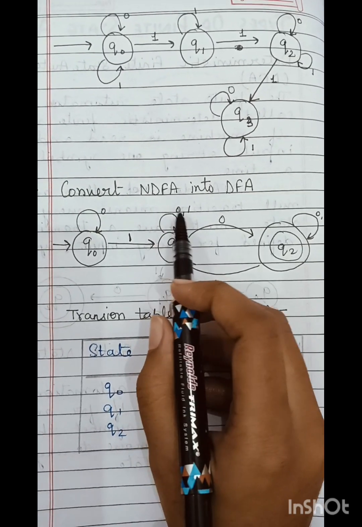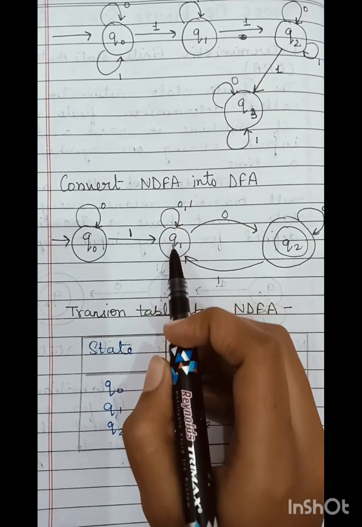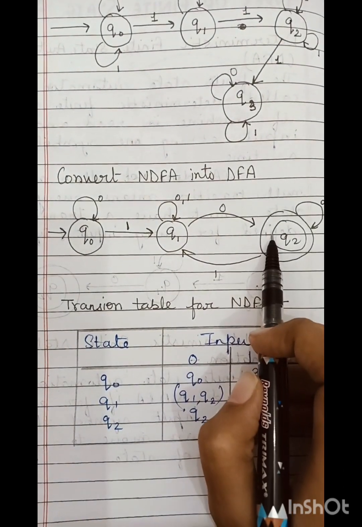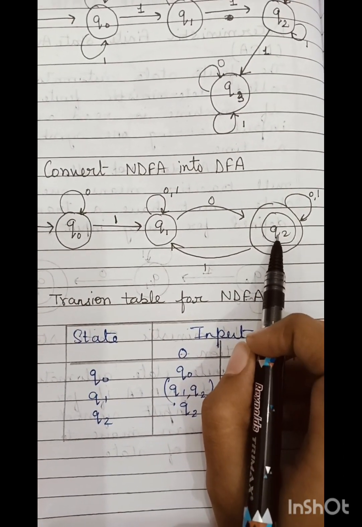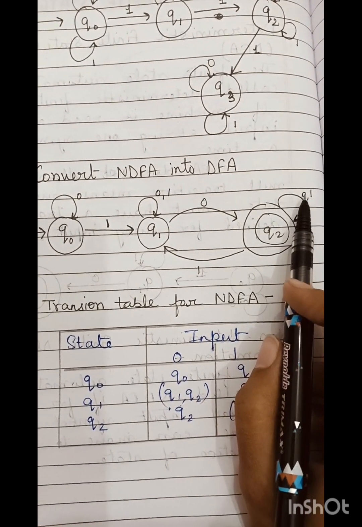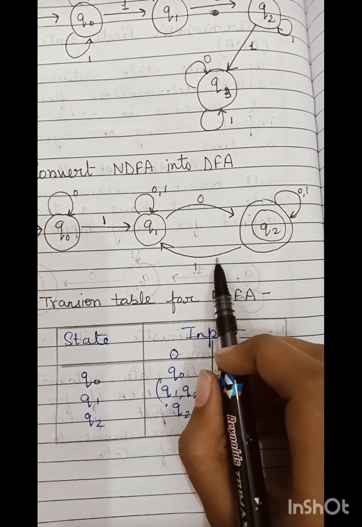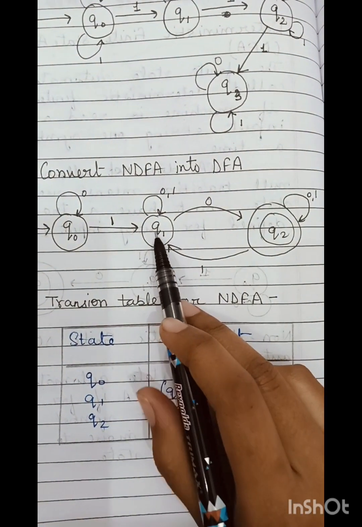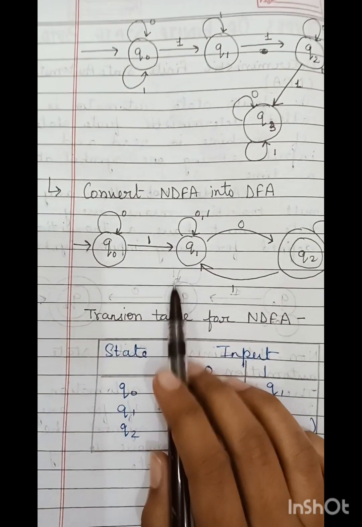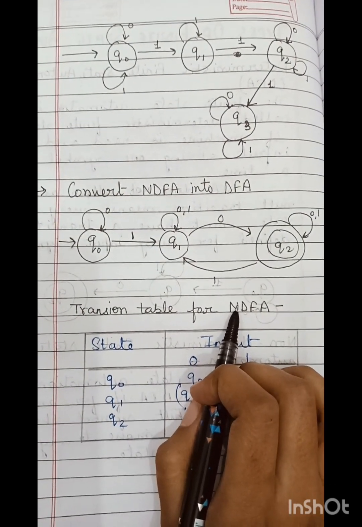Then when Q1 gets 0 or 1, it gives the state Q1, and also when it gets 0, it gives another state, the final state Q2. And Q2, the final state, when it gets 0 or 1 input, gives Q2, and when it gets the 1 input, it also gives Q1. So for this diagram, if we need to draw the transition table, how will we make it?